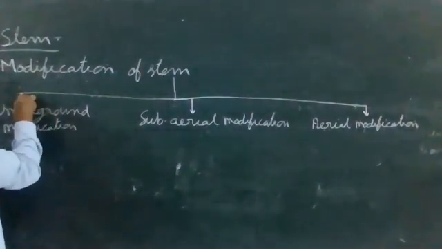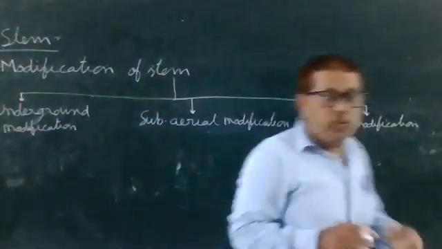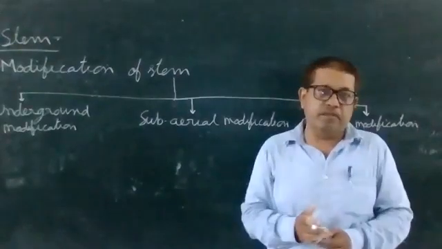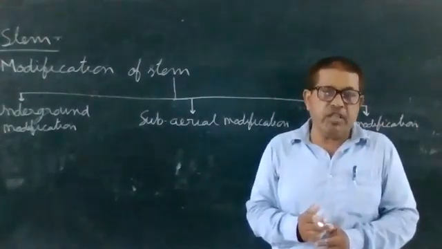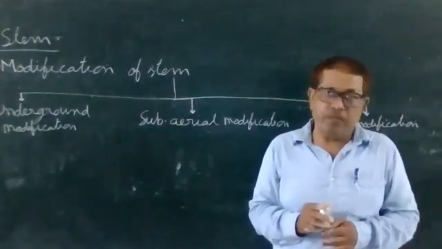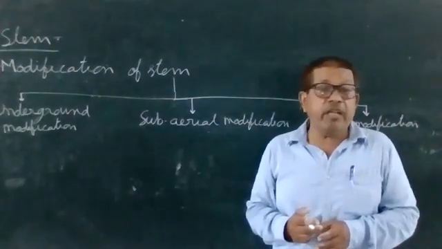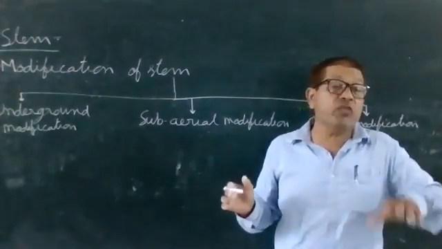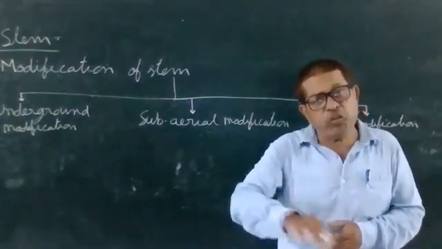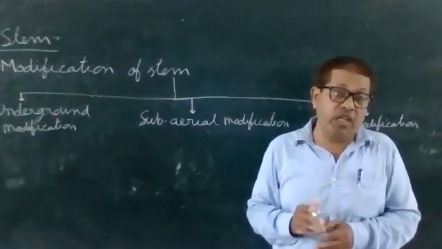Number one is underground modification. In underground modification, the stem is found below the soil. In subaerial modification, the stem is not found below the soil, but it is very close to the surface of the soil.